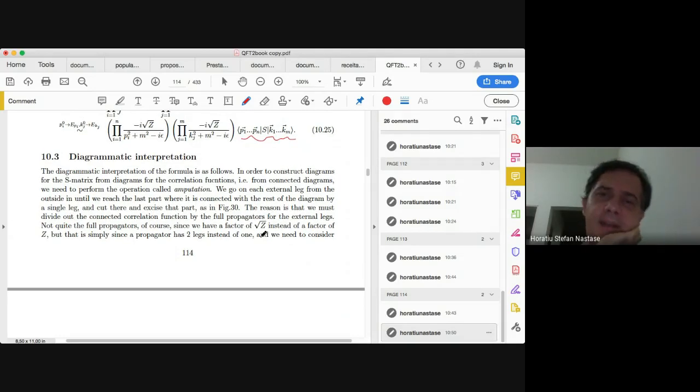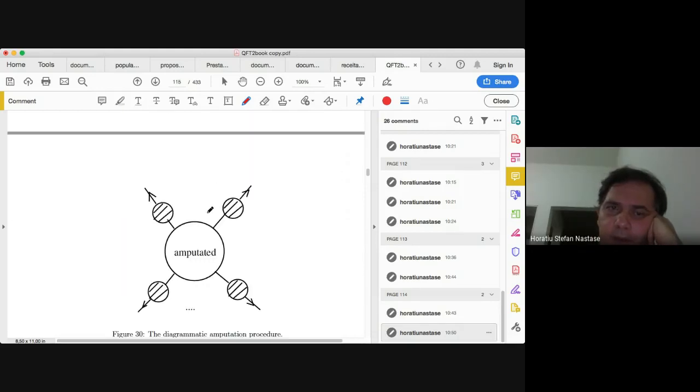Well, we've done that, but now let's understand it a little bit more physically. So the Feynman diagrams for correlation functions are the connected diagrams. And to obtain the Feynman diagrams for the S matrix, we have to perform the operation called amputation.